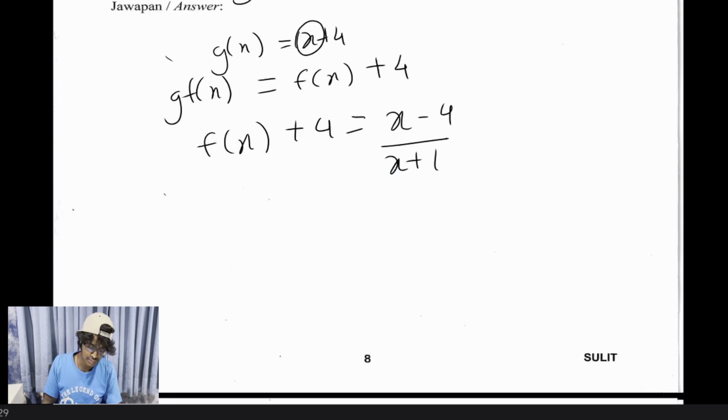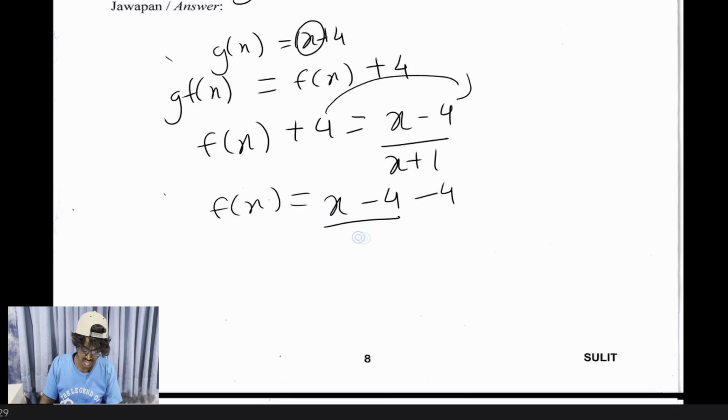So basically what we can do now is find f(x) immediately. We just take this 4, go over here, so it is (x minus 4) over (x plus 1) minus 4. And then we can go on and do the whole thing and get the final answer. So that's how you find it.